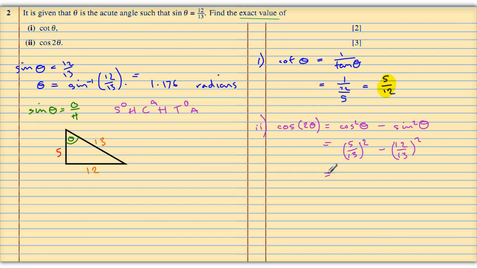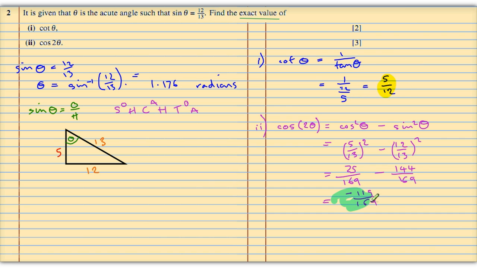Okay, and if we plug that into our calculator, 13 squared, that's 25 over 169, sorry. We don't need a calculator really. Minus 144 over 169, which equals minus 119 over 169.